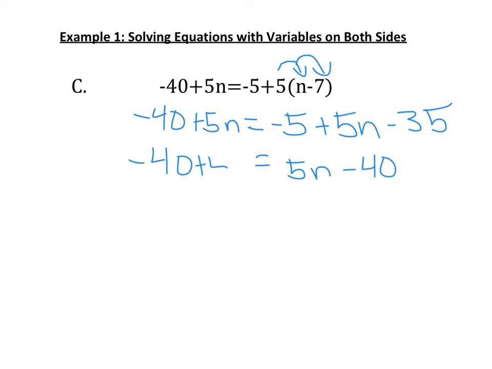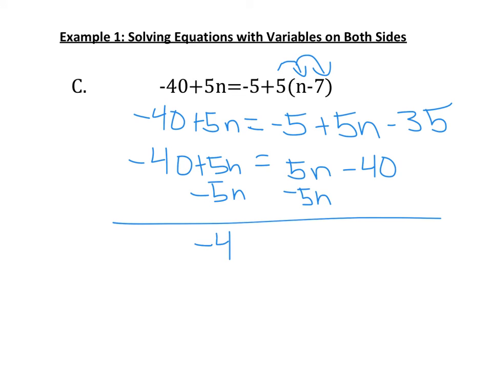Now some of you may be looking at this and already seeing that, oh, that's the same thing on both sides. But I always like seeing one last step. If we look at that, subtract 5n and subtract 5n, well, that's going to be 0. So bring down your negative 40. And over here, 5 minus 5 is 0. So does negative 40 equal negative 40? Yes.